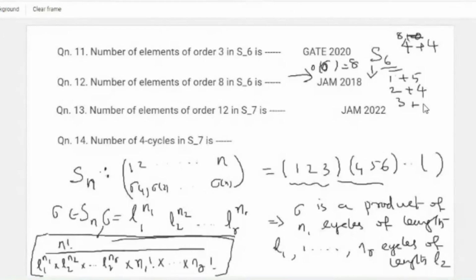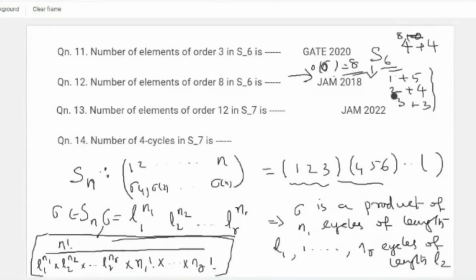Then 5 can be split into 1 plus 1 plus 1, like that. But for any such partition, the LCM will not be equal to 8.